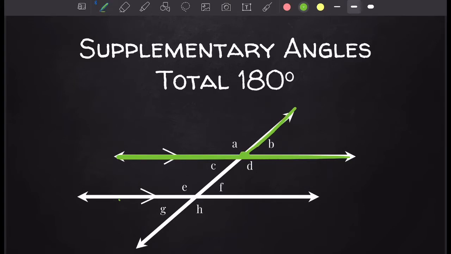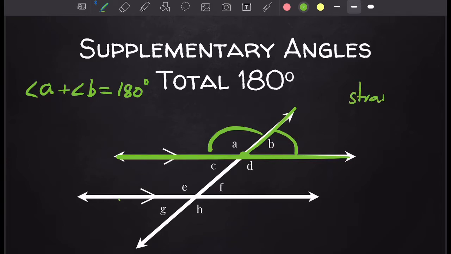If you look at this, angle A and angle B make a straight line. So angle A and angle B are supplementary because they total 180 degrees. Remember, a straight line, or a straight angle, is equal to 180 degrees.